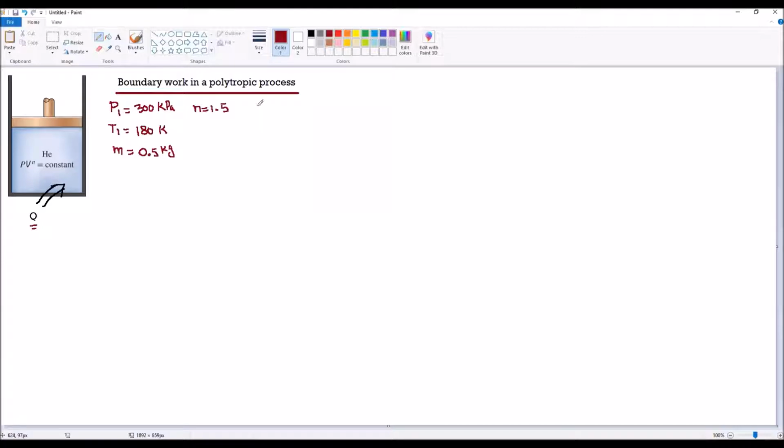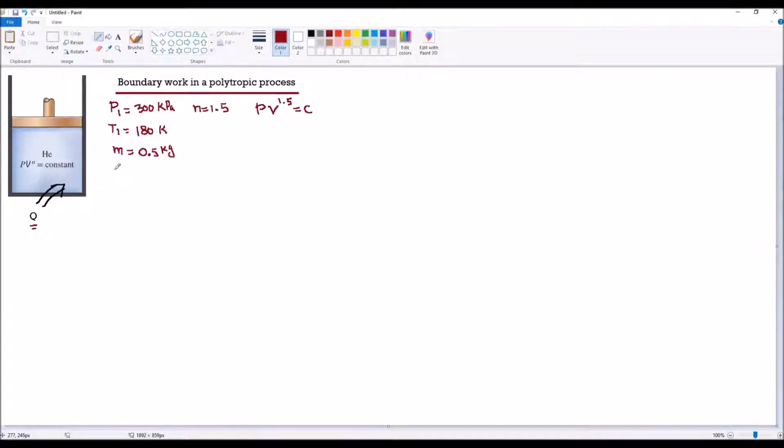So basically we can write this equation that at any state P times V to the 1.5 is a constant. We are trying to determine the boundary work involved in this process while heat is being added, and we don't know whether the gas will expand or contract.